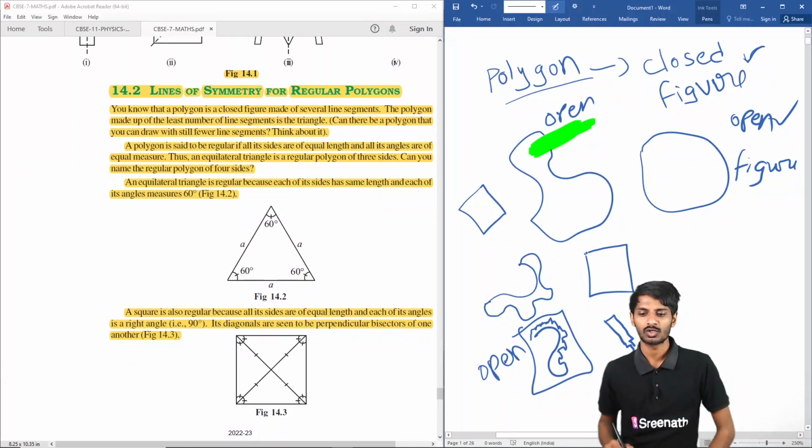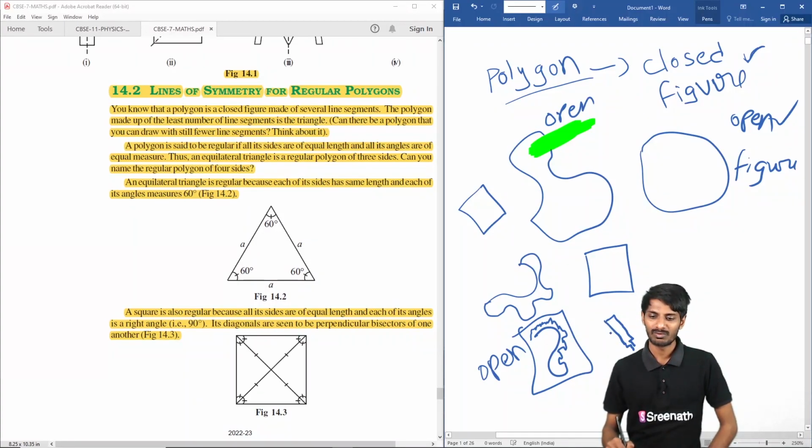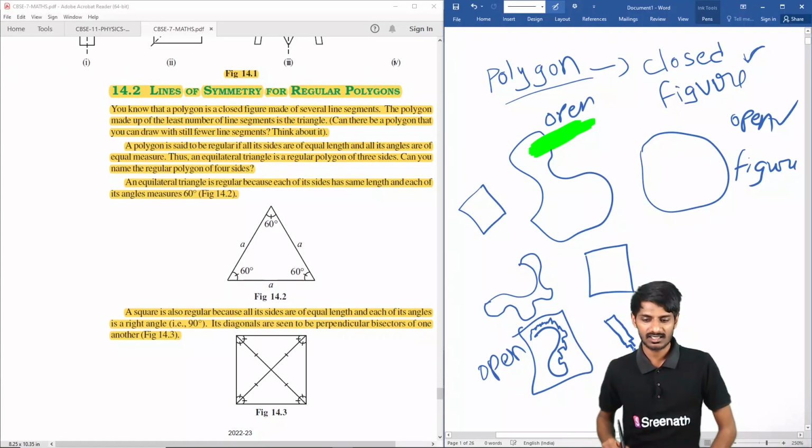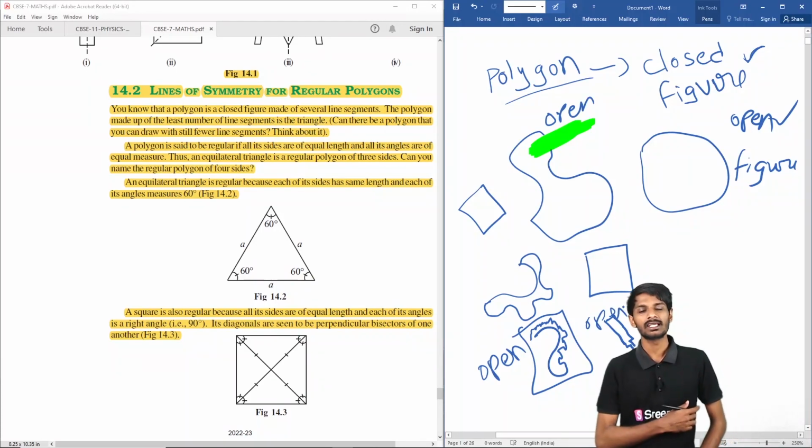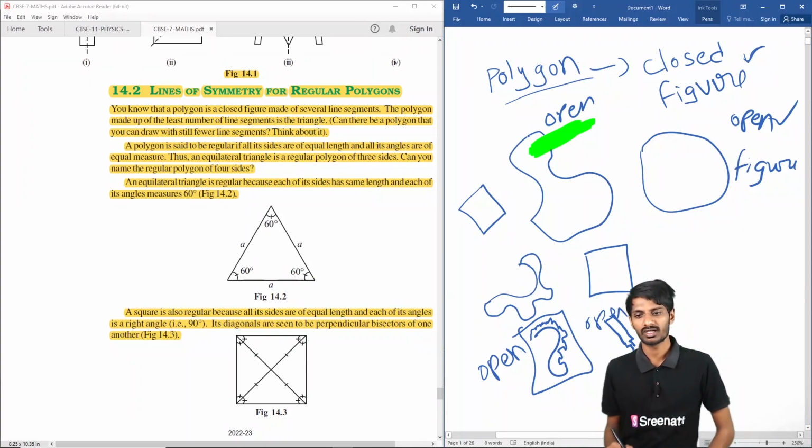Coming to this, closed. Coming to this, don't blindly say it is closed. If you see here, it is not closed here. There is space here, so it is again open. Now I think you have understood what is meant by an open figure and a closed figure.